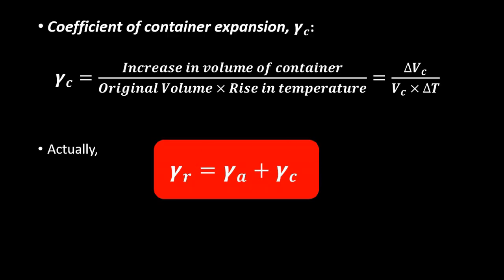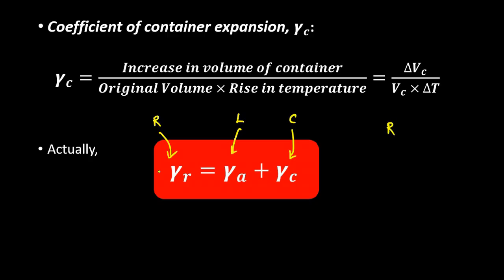Now as I said, real expansion here, which is the coefficient of real expansion, volumetric expansion, that takes into account both the apparent expansion of the liquid and the expansion of the container. So this is real expansion.